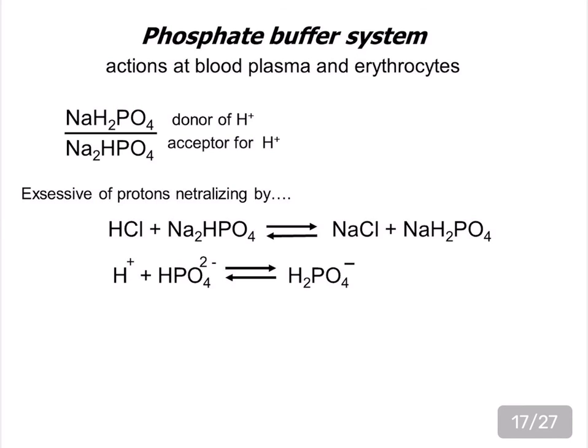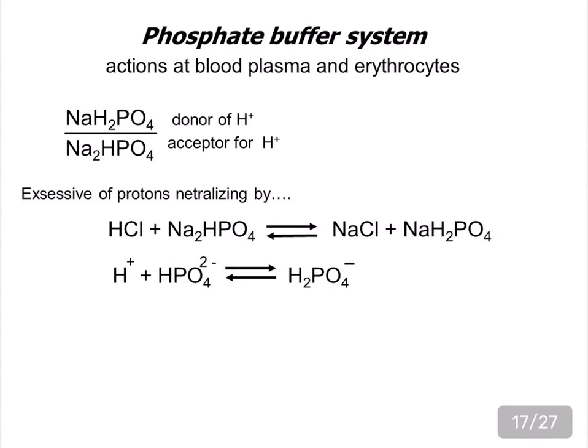So please remember that when you describe the composition of the phosphate buffer system in plasma, the concentration of sodium is higher compared to potassium.